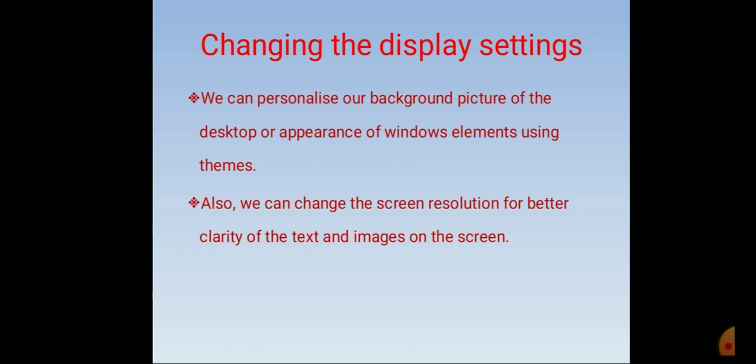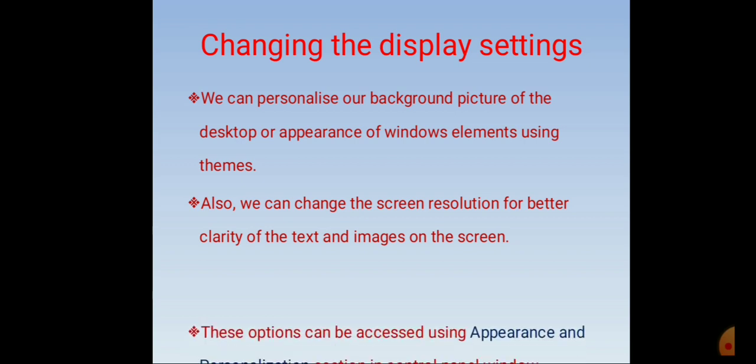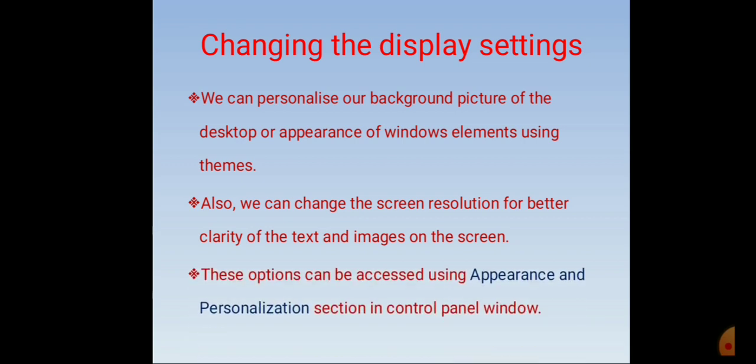Screen resolution gives the amount of information we want to see on the screen. These options can be accessed using the appearance and personalization section in the control panel window.